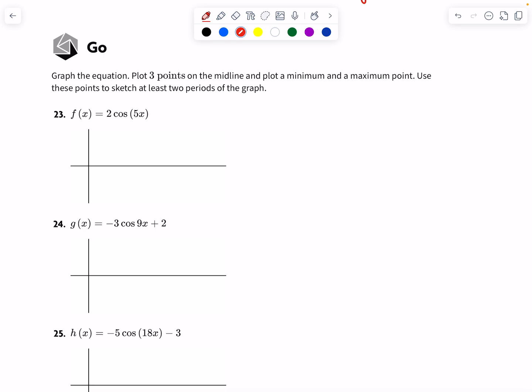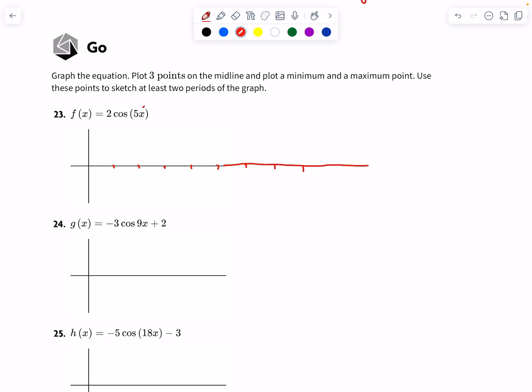2 cosine of 5. Okay, I'm going to make this longer because otherwise it's just annoying. Here's an easy way to do this. I'm going to mark off 8 bits. 1, 2, 3, 4, 5, 6, 7, 8.